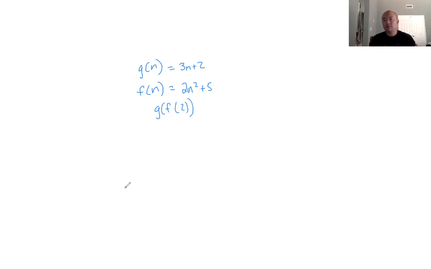Okay, now this is a little different, because one function's inside the parentheses and the other one is outside the parentheses. So just remember that you always start inside and then you work your way outside.